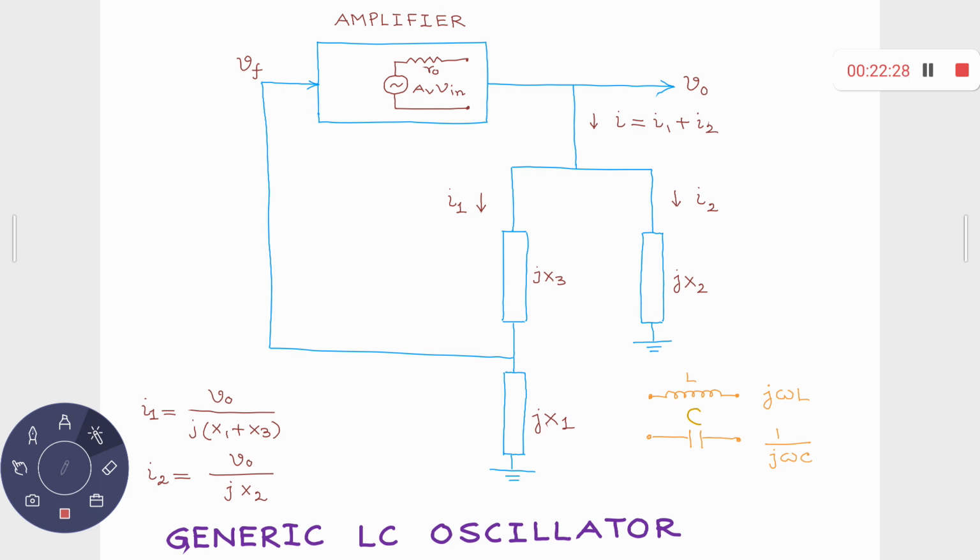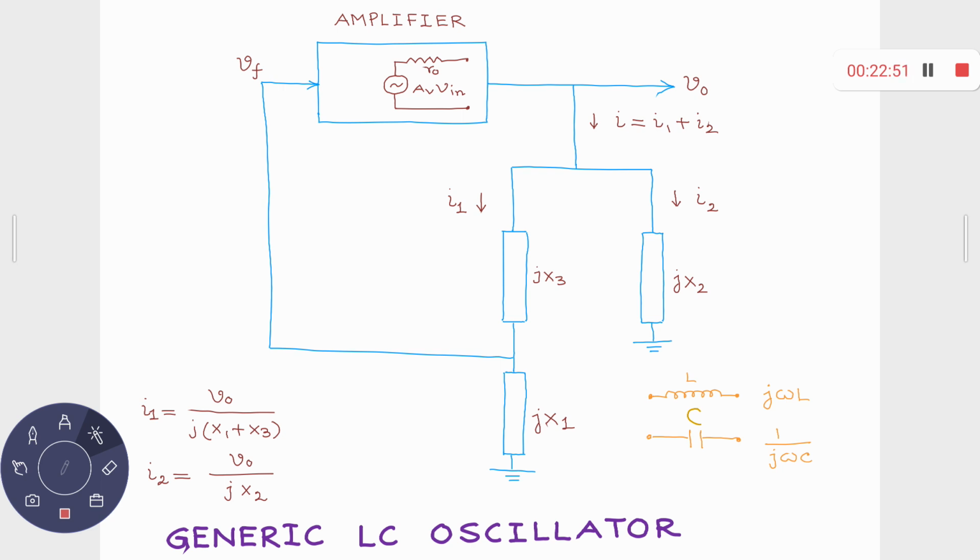This voltage is V0, the total current is I1 plus I2, the current I2 is flowing through this branch and I1 through this branch. So what is the relation between I2 and V0? I2 multiplied with jx2 is equal to your V0.